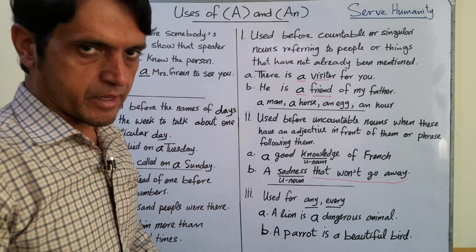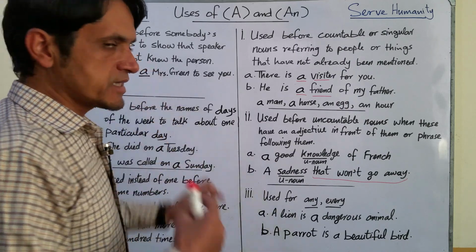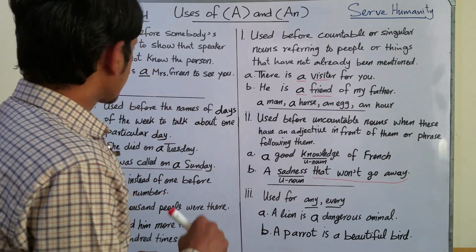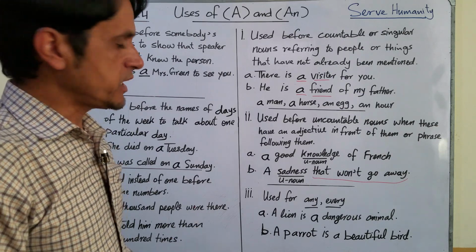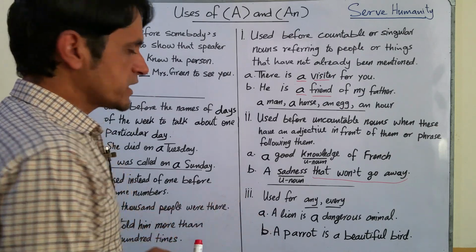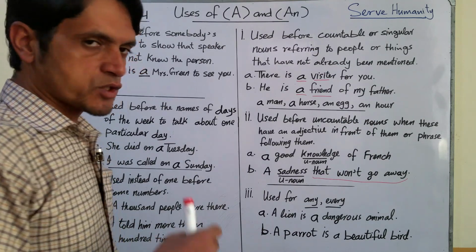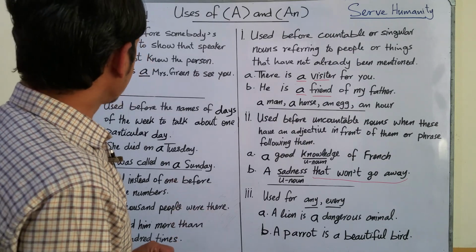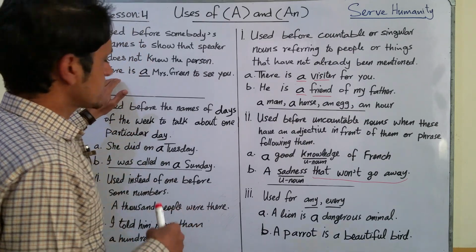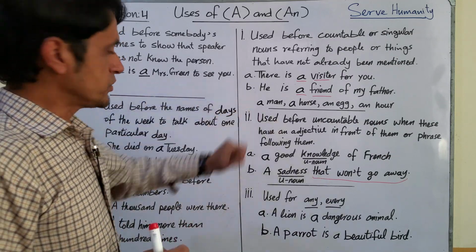He knows the name because it was told by her, but he basically doesn't know Mrs. Green, who she is. Okay, whether she is the friend of my boss or a relative or someone else. So he just knows the name, but he doesn't know who Mrs. Green is. So in that case he uses indefinite article a. There is a Mrs. Green to see you.